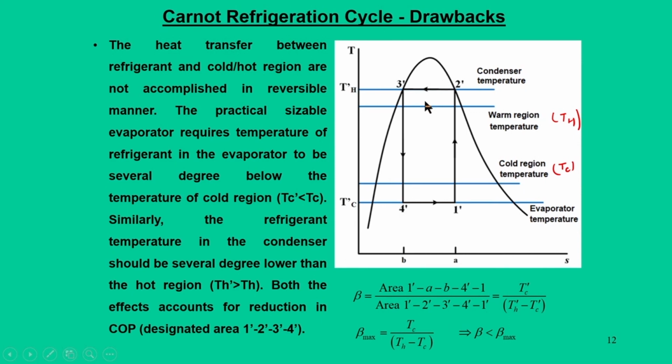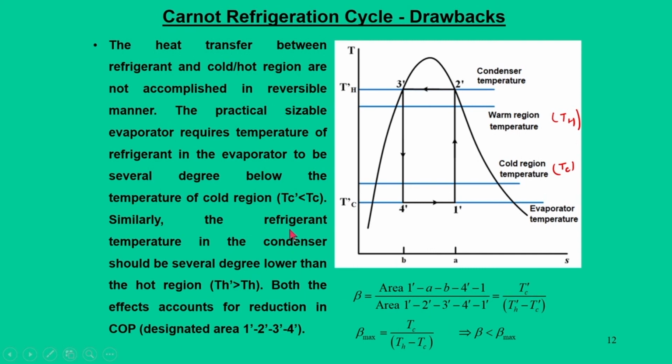Heat rejection is possible. If you look at this particular figure, your actual condenser temperature, T dash H, is higher than TH, and the evaporator temperature, T dash C, is lower than the cold region temperature.